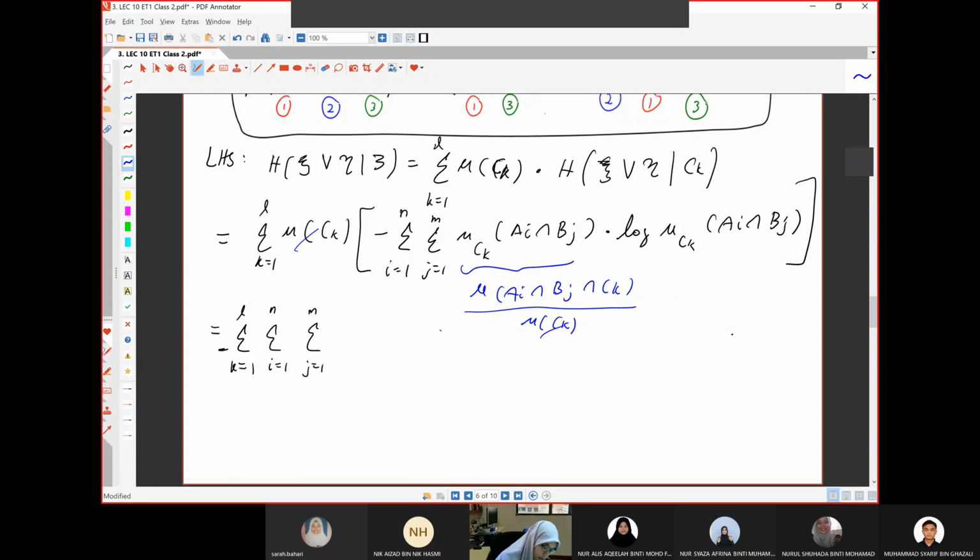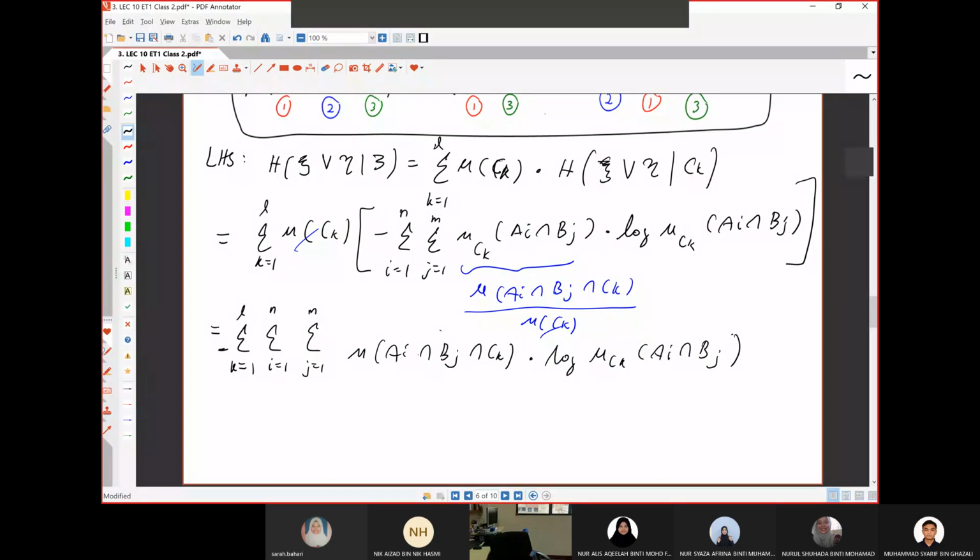So I have mu of AI intersect BJ intersect CK, correct? Multiplied with the log of mu CK of AI intersect BJ. Is that okay? Okay. Alright. So let's leave this one for now.